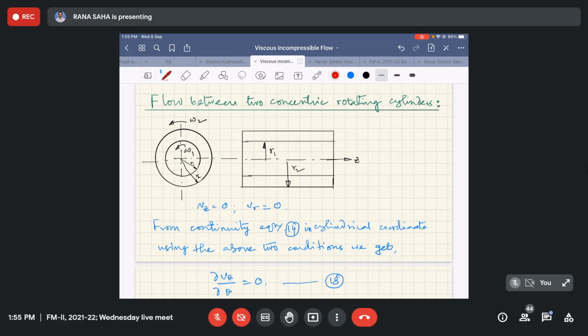It is a kind of, you can say, wet flow for two concentric cylinders, right? The two surfaces are not flat as it was in case of wet flow. It is a curved surface. It's two cylindrical surfaces, and they are having two different motions. One is rotating at omega 1 and the other is rotating at omega 2.